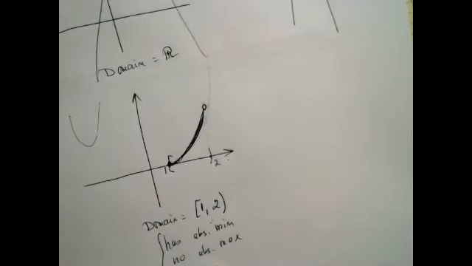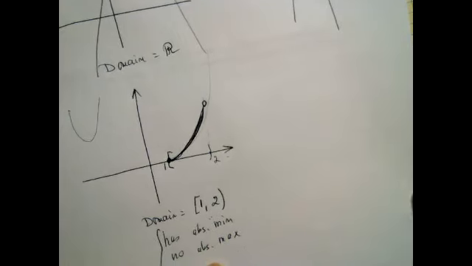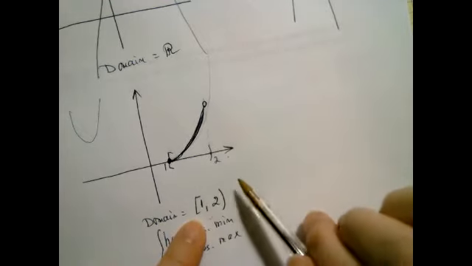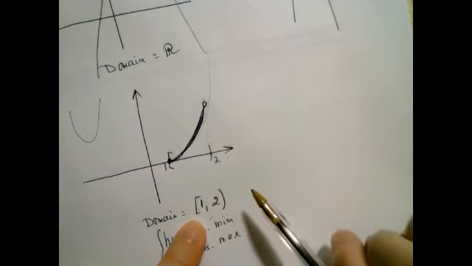What do you think? Is there an absolute max? We have to get that clear. It means: is there a value in the domain, between 1 and 2, where the function has its largest value?